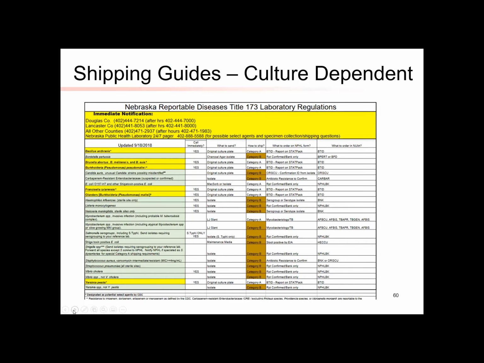I did some shipping guides. There are two shipping guides. One is what we call culture dependent, and one is called culture independent. Culture dependent means any microbiology lab that does some degree of microbiology. Maybe it's not everything. Maybe they only do blood cultures.